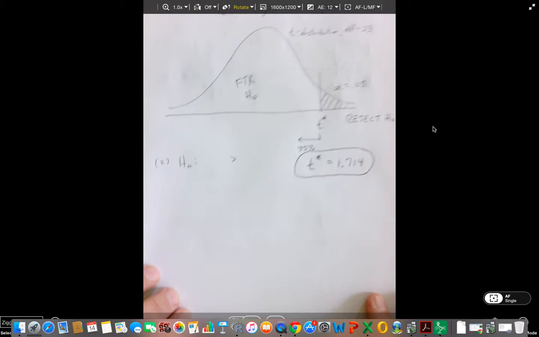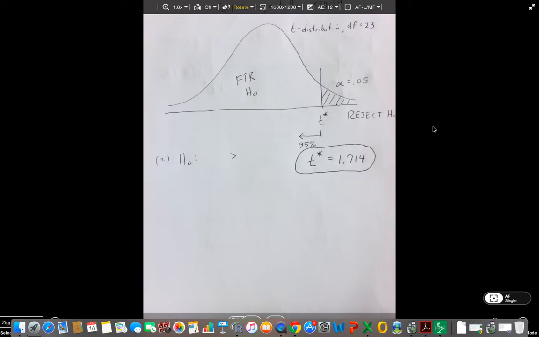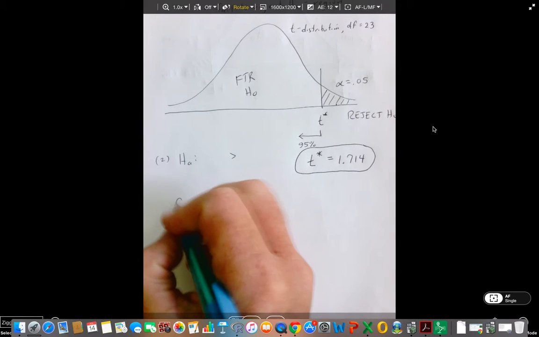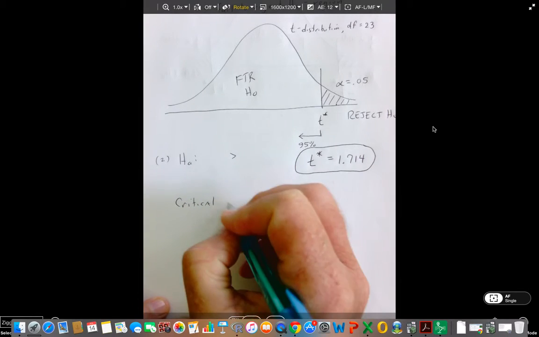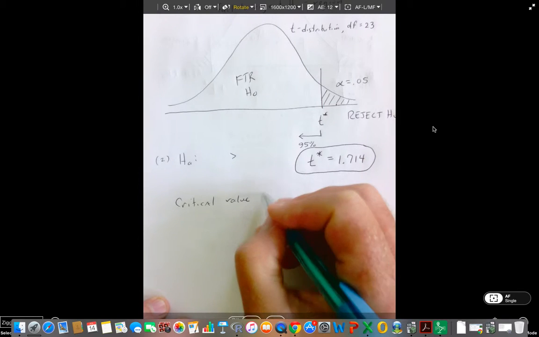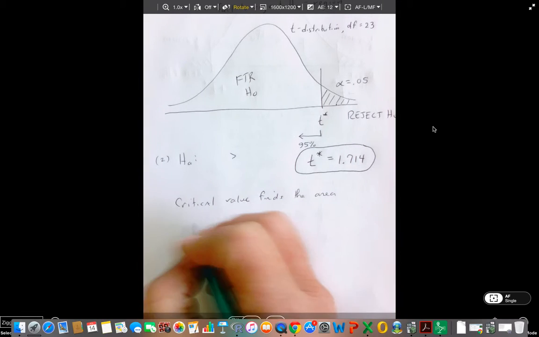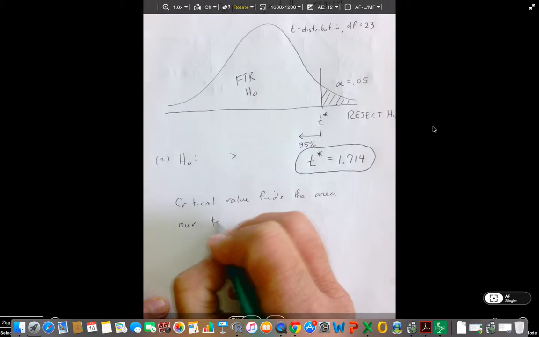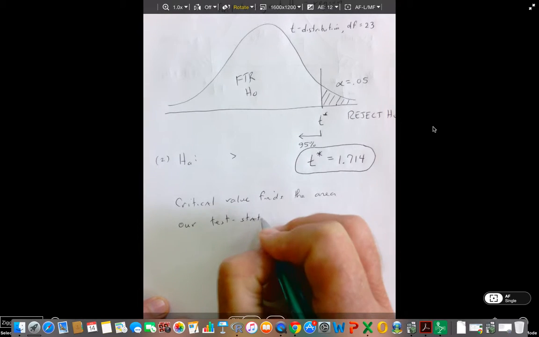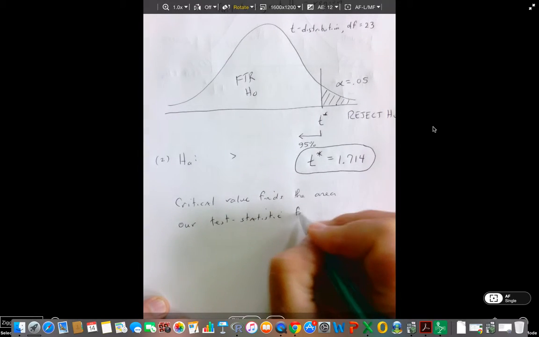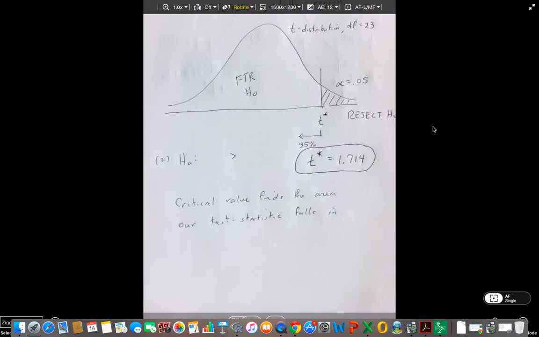Now, the way that the critical value works out compared to the p-value approach. The p-value approach compares the p-value with the alpha. The critical value approach finds the area our test statistic falls in.